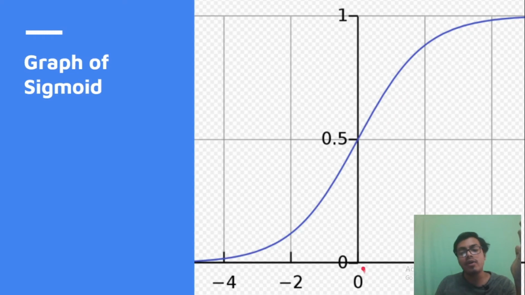And after 0 it will be concave, because if you join a line segment between any two points, that line segment will be below the curve. So the sigmoid function is convex before 0, concave after 0, the active range is from minus 5 to 5, and the range is from 0 to 1. We also saw how the range is calculated. This is how the sigmoid function looks.